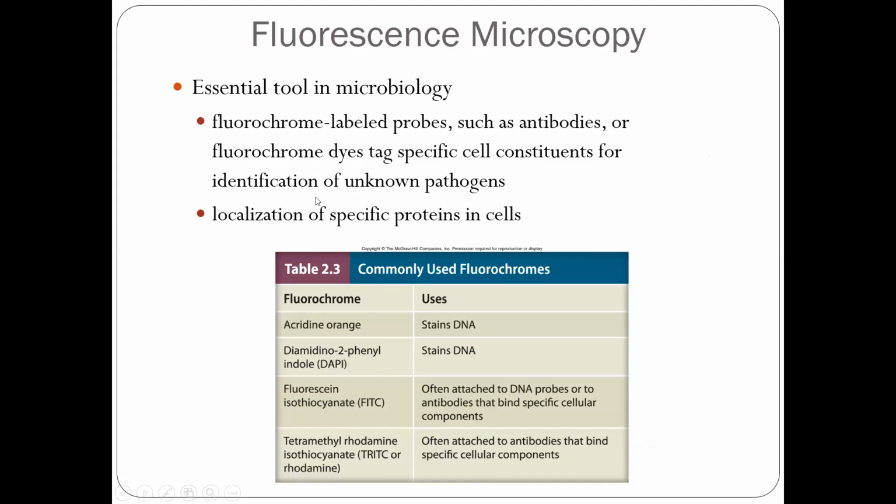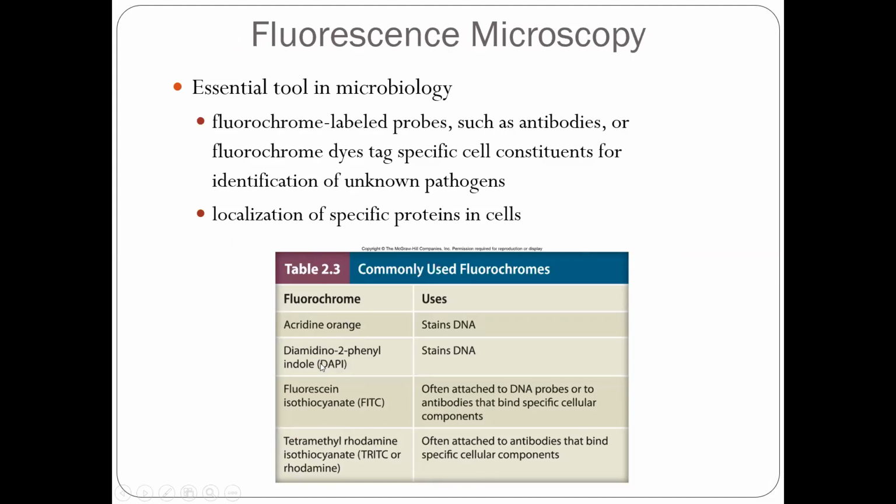Now, what are the dyes we usually use for the fluorescence microscope? We mentioned we have to label them first, using fluorochrome labeled products, including antibodies and fluorochrome dyes. Here are some of the fluorochrome dyes. One we use a lot is DAPI, D-A-P-I.